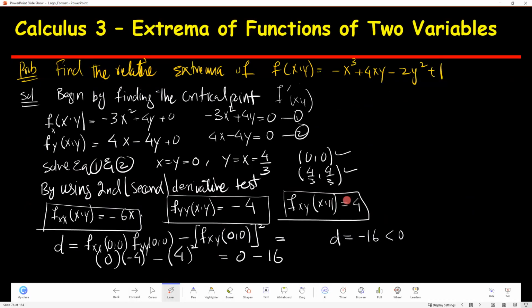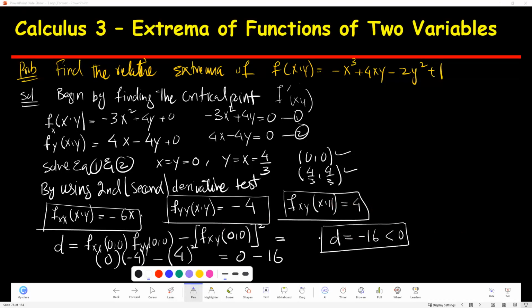Okay, so from this test, we conclude here. If I want to put 1, so 0, 0 is my, we don't have any function.